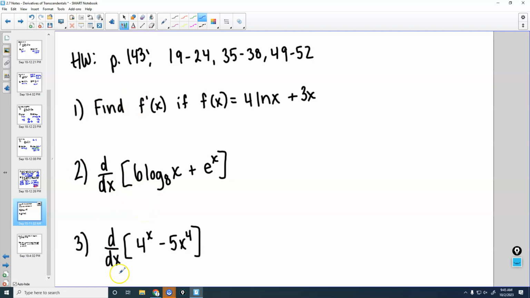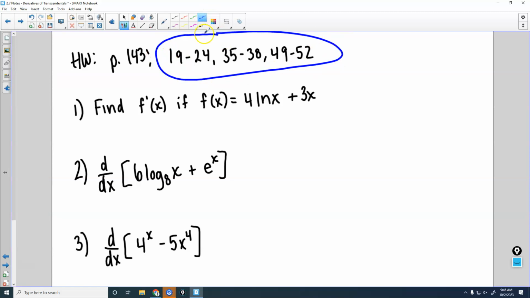So I had made 5 problems to add to it, but I did not copy that last slide, so you don't have 4 and 5. So your homework is these problems right here from the book, and then do 1, 2, and 3 for me here. We'll do 4 and 5 as our warm-up tomorrow, since I didn't copy those for you guys.